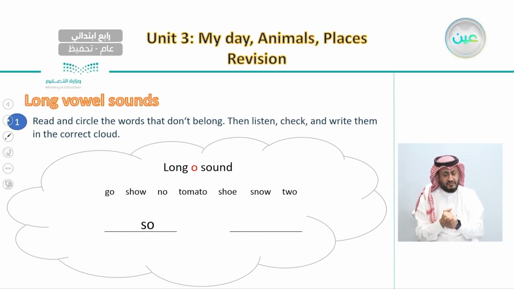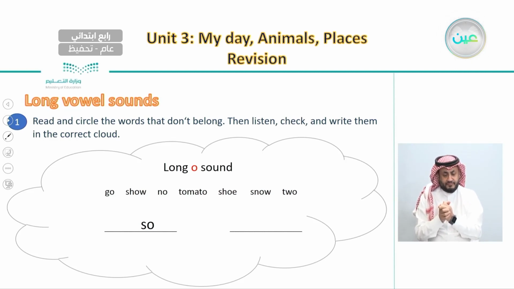We read all the words in each cloud, circle the word that does not belong, and after we circle it, we have blanks. We fill these blanks with the right word from the other clouds. This is what we learned in our last lesson.